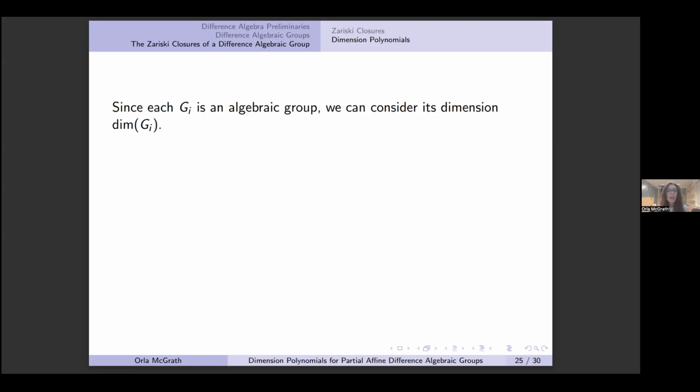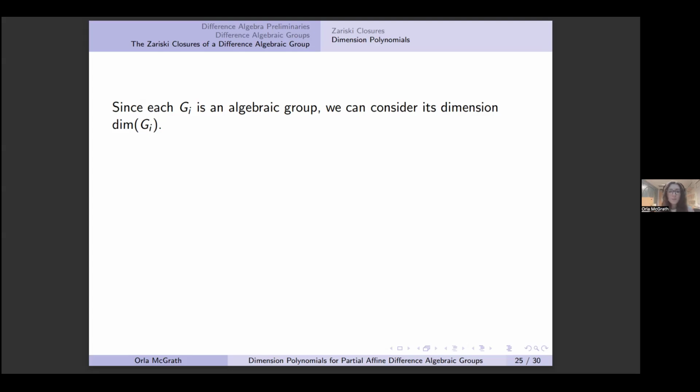We have this sequence of algebraic groups, and in difference and differential algebra, dimension polynomials are a very rich topic. Because each of these GI is an algebraic group, it makes sense to consider its dimension, which is just the Krull dimension of its representing algebra.